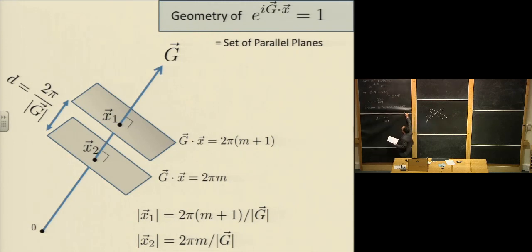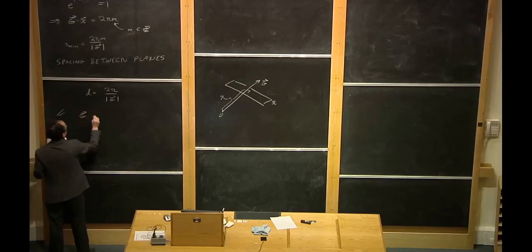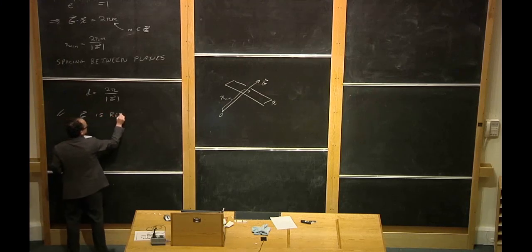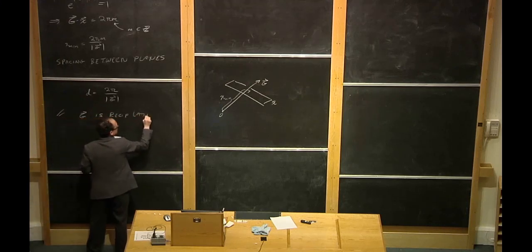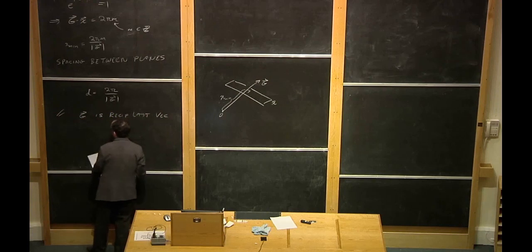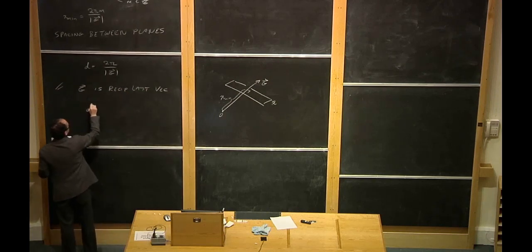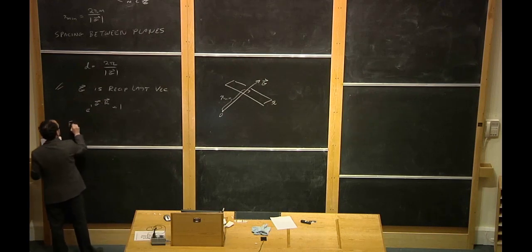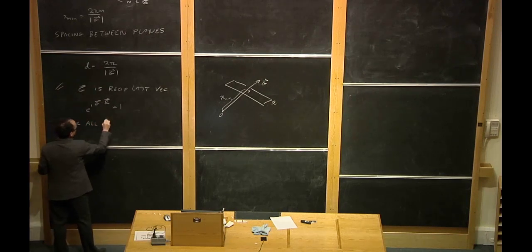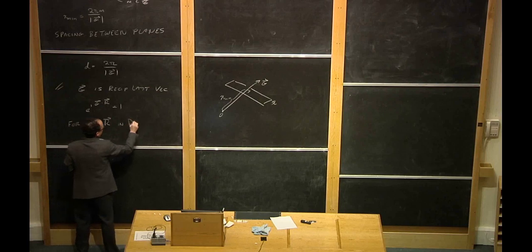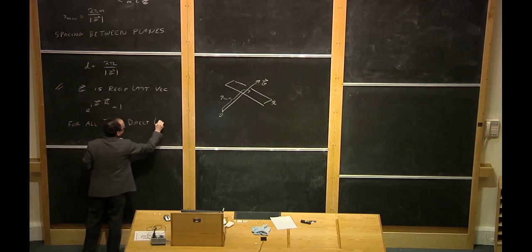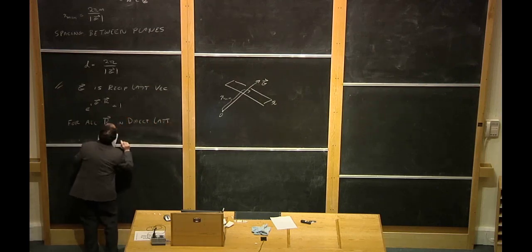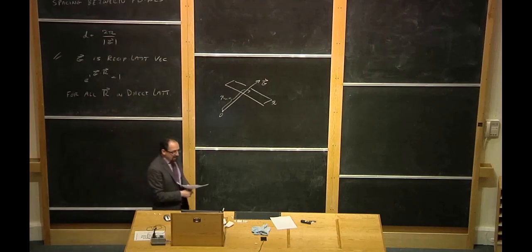So now recall that if G is a reciprocal lattice vector, then e to the i G dot r equals 1 for all r in the direct lattice. That's our definition of the reciprocal lattice.